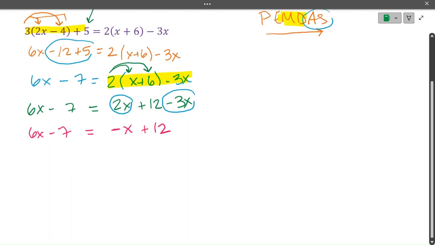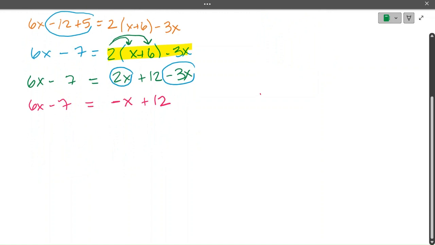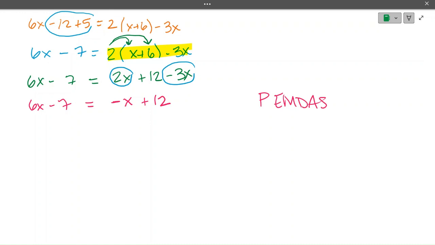Okay, the good news now is that we have simplified both sides of the equation so we can start moving things across the equal sign. When we do that, we work PEMDAS backwards. We work it from right to left, starting with addition and subtraction, then moving on to multiplication and division, then exponents, then parentheses. And once again, that's because we're moving things across the equal sign.